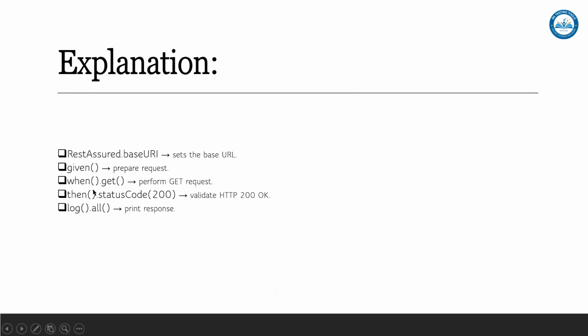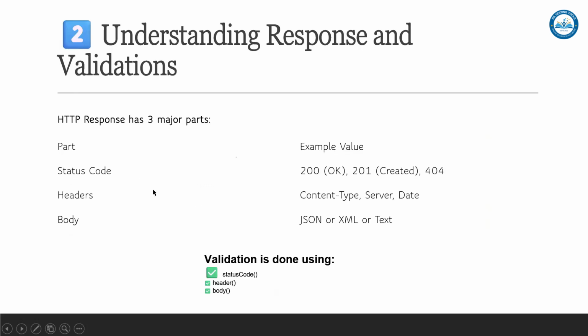If you're using when dot post, that means a POST request. If you use when dot put, that means a PUT request. So dot then dot status code of 200 means validating the HTTP status code as 200 OK. And log dot all prints the responses.